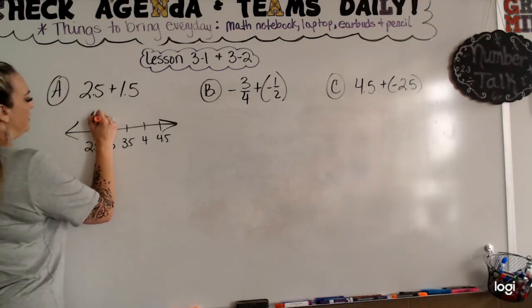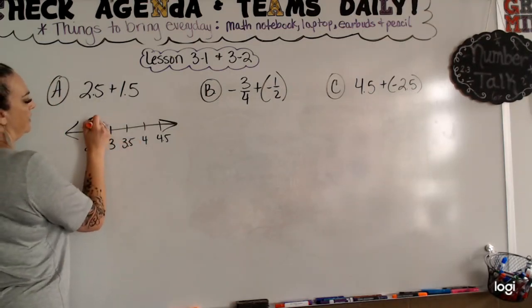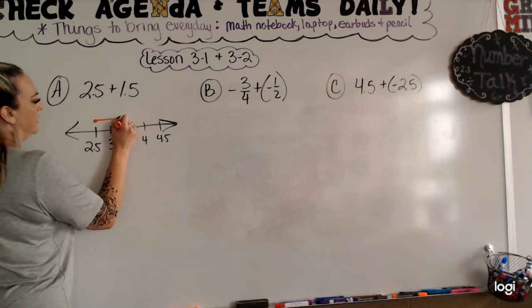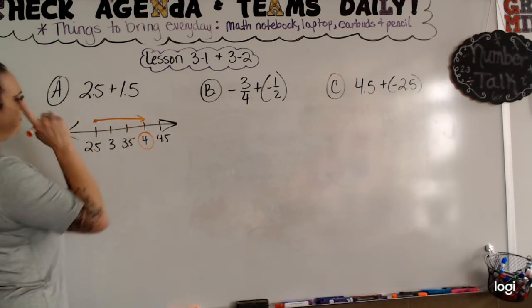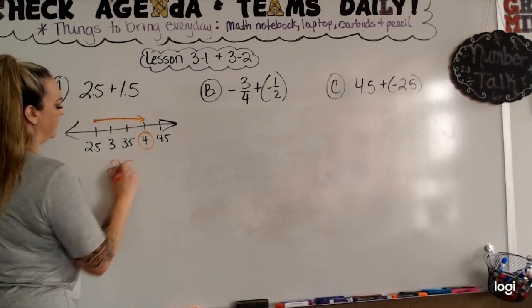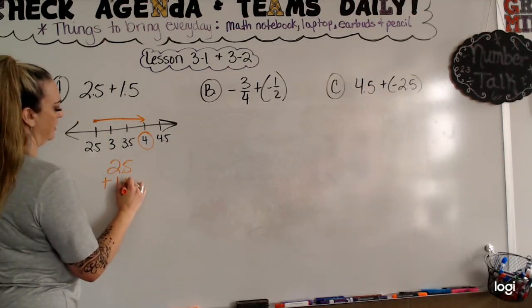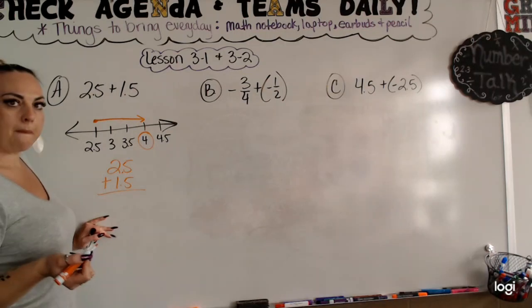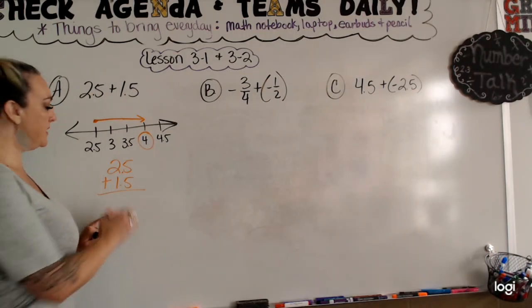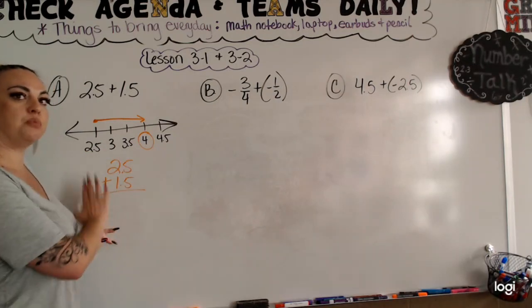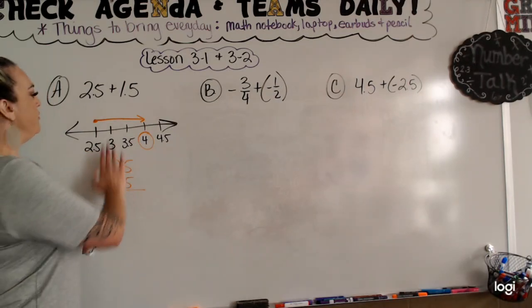So here we are at 2.5. We're going to add 1.5. Here's 1. Here's a half. We're ending at 4. Now, you may automatically have thought, well, I'm just going to line up my decimals and add these numbers together. This is what's called the algorithm for solving. This is great, but it's very hard to prove your answer if you don't have a model.